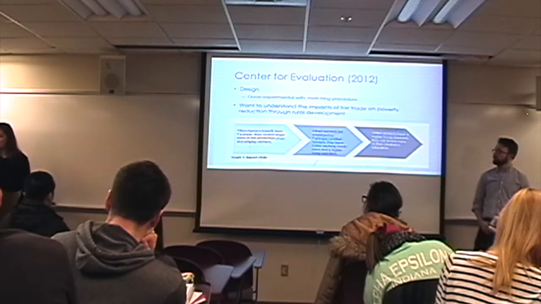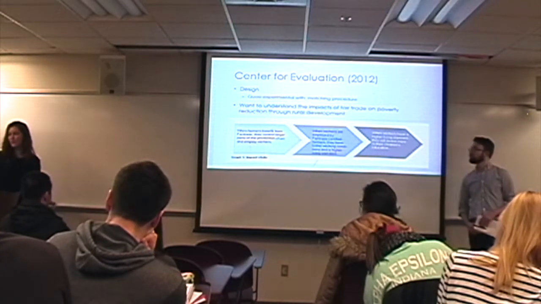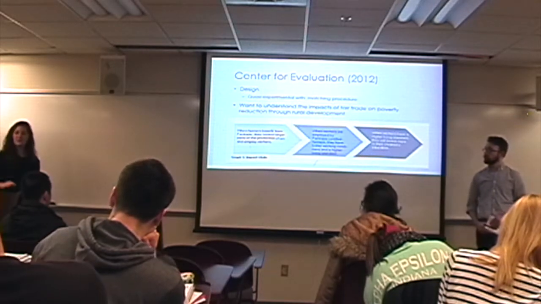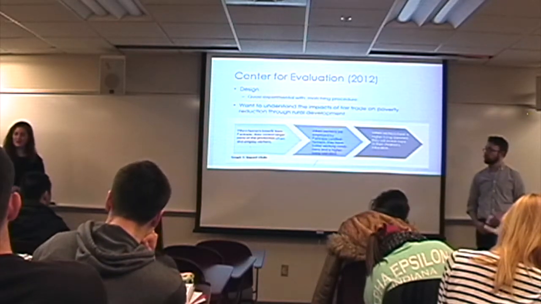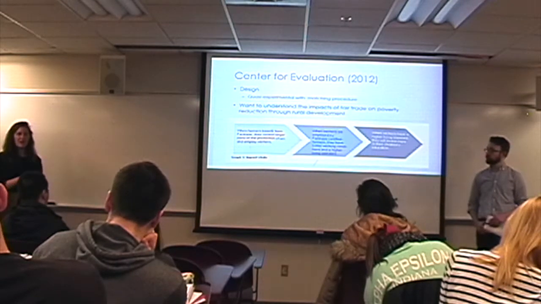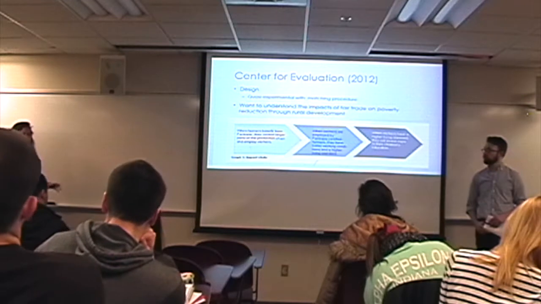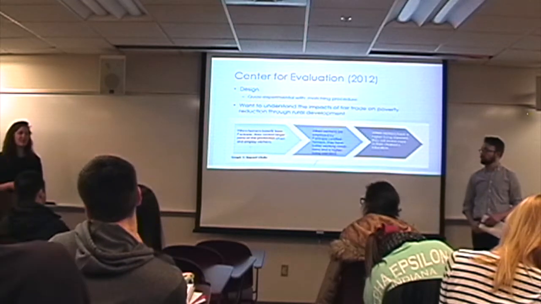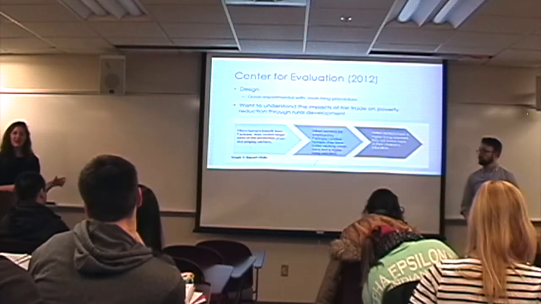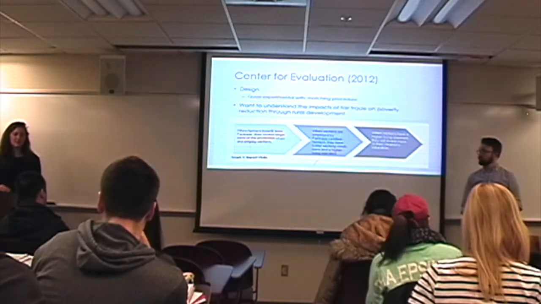So they used what's referred to as a quasi-experimental design. Because they couldn't randomly assign people to either be in a fair trade cooperative or not, they found all of these different groups across Africa, Asia, and Latin America that were already certified fair trade, and then they found groups that were beginning the process of certification.